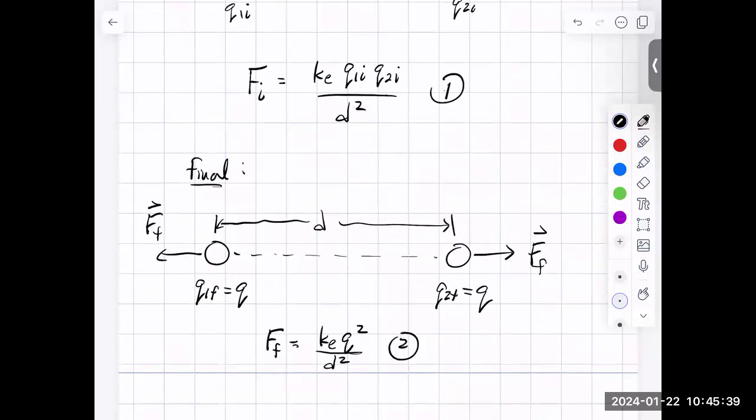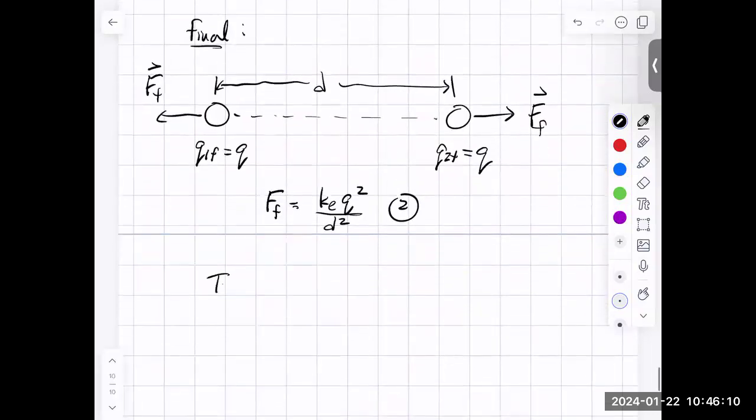Now, there's a problem that we have here. The problem is that we have three unknowns. We're not told the initial charge of either sphere, so we don't know Q1 initial or Q2 initial, and we don't know Q, the final charge of the spheres. If we have three unknowns, we need three equations. We have only two of them.